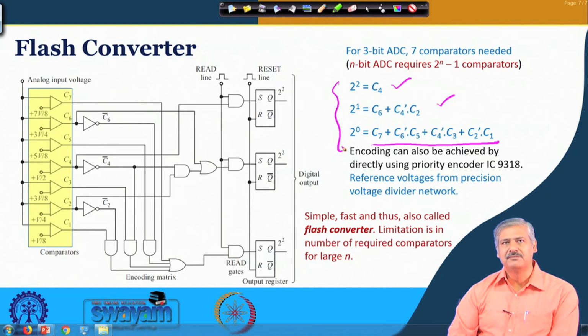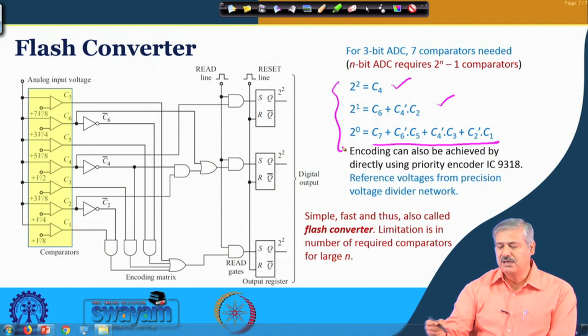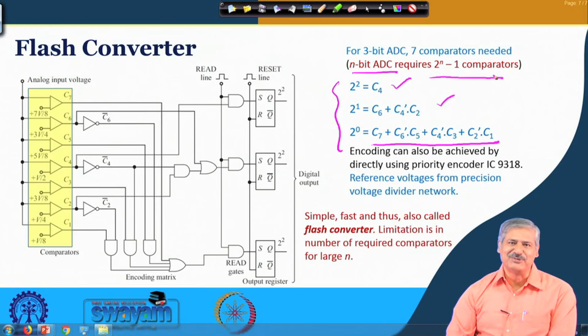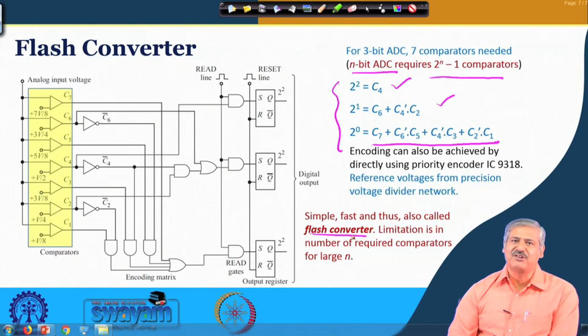Is it fine? You understand this part? So, this can be extended to an n-bit ADC, and we know the number of comparators required will be 2 to the power n minus 1. So, the number of comparators increases with the number of bits that you are using. But this method is very fast because parallel comparison is being done, and that is why when you make an ADC out of this, it is called a flash converter.